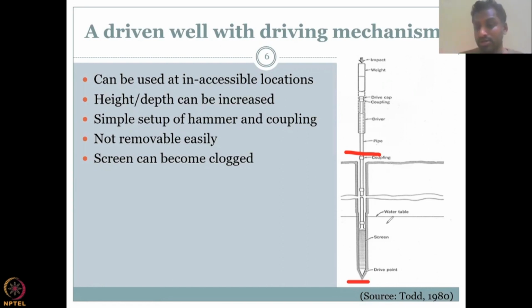The other part is the small rocks and soil can clog your tube, the screening part. This happens in locations, especially where there is a lot of small debris that can get into the wells.